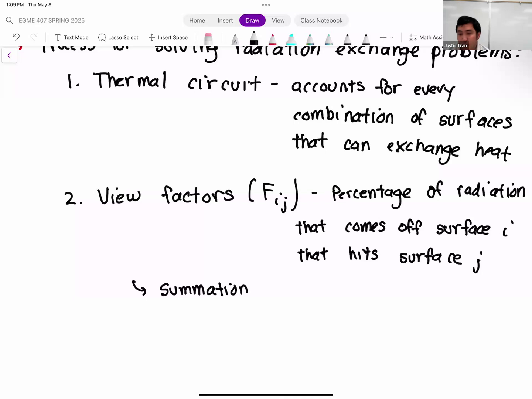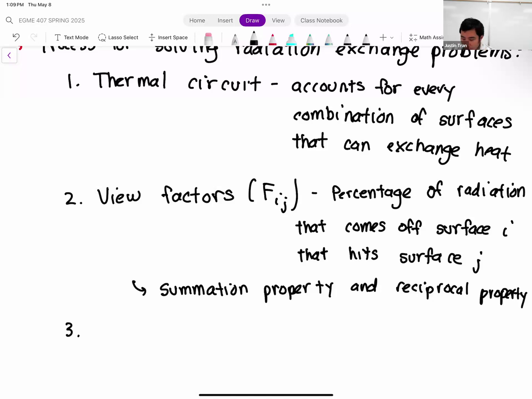The two that you're going to use the most are the summation property and the reciprocal property. Oftentimes, when you look at a particular problem, you may be able to find 1, 2, or 3 view factors just by inspection. And then by utilizing these other properties, you can compute all the other view factors within the problem.